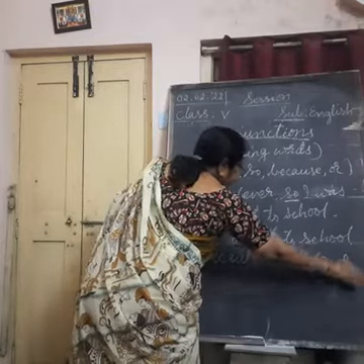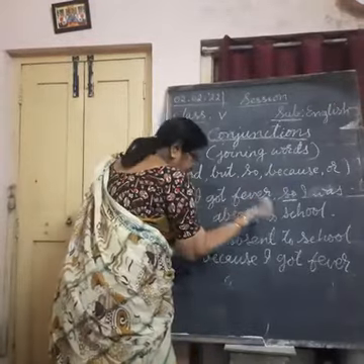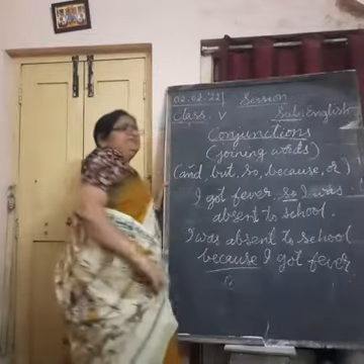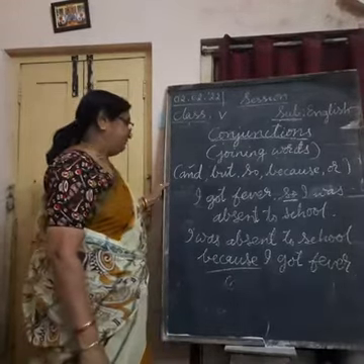So, here we did not spoil the sense of the sentence. Here I used this so and here I used because. In which way can we use so and because?